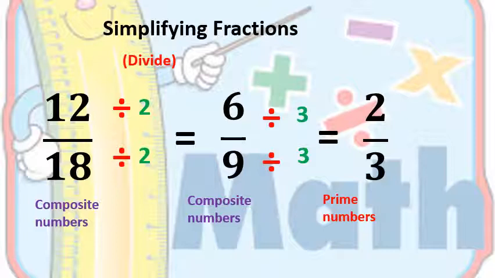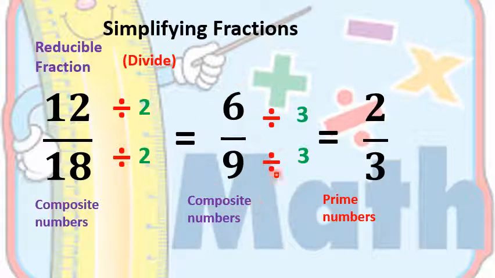The first fraction that you can see over here, which has composite numbers, we're going to call a reducible fraction. Again, the second fraction over here, which is 6 over 9, having composite numbers, we're going to call it also a reducible fraction.